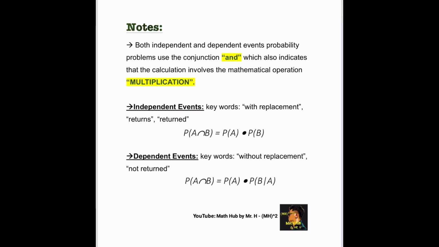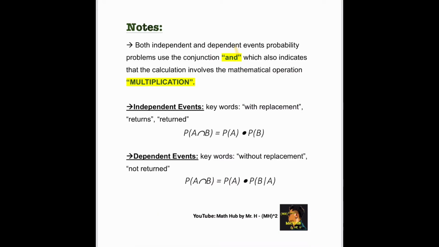All right, so the first thing that we need to take note of is both independent and dependent events probability problems use the conjunction "and", which also indicates that the calculation involves the mathematical operation multiplication. All right, so these are two things. Okay, so I already highlighted it.